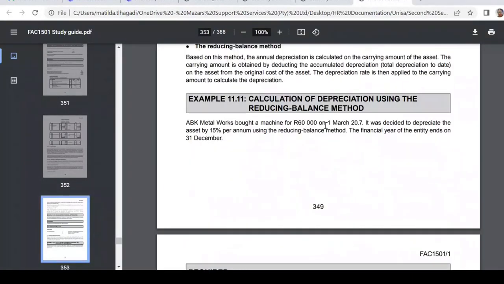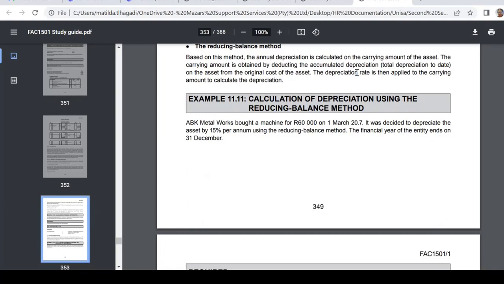So we are on example 11.11. Calculating depreciation using the reducing balance method. ABK Metal Works bought a machine for 60,000 on the 1st of March 20.7.